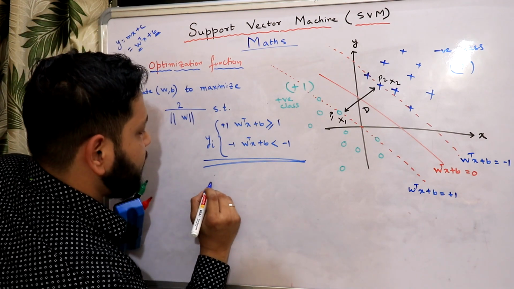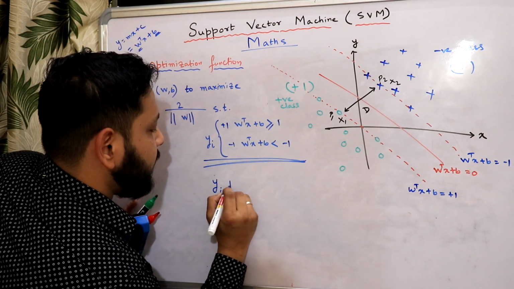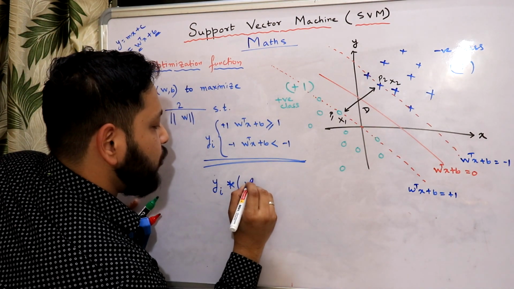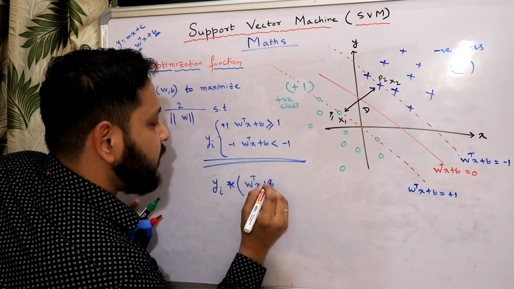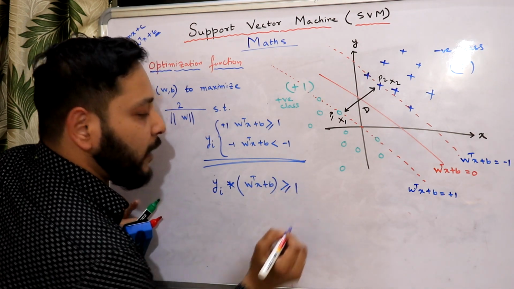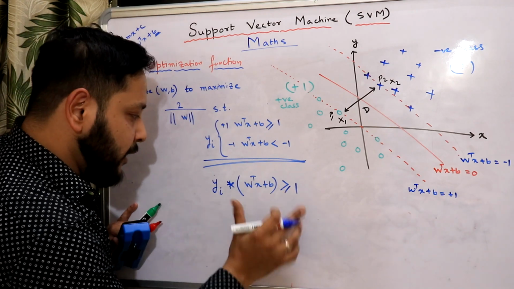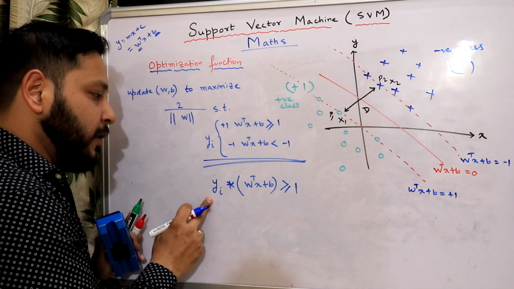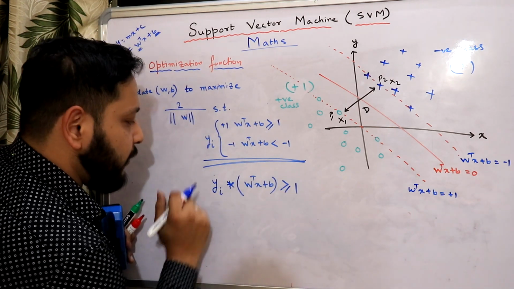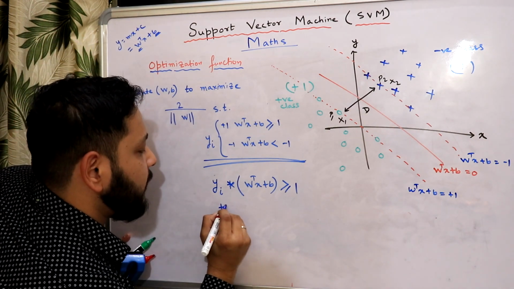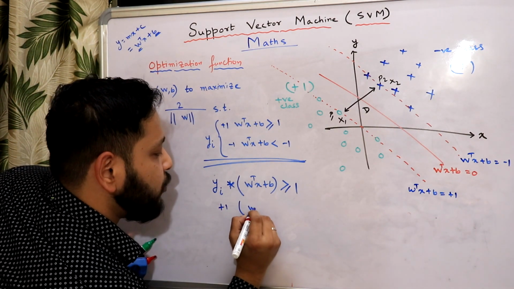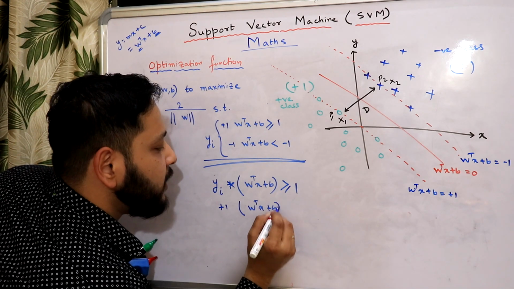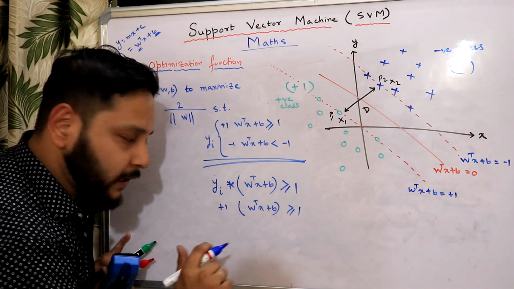We can write it as y of i multiplied by w transpose of x plus b greater than or equal to 1. Why can we write it like this? Because if y belongs to the positive class, say plus 1, then plus 1 into w transpose of x plus b is greater than or equal to 1, right?